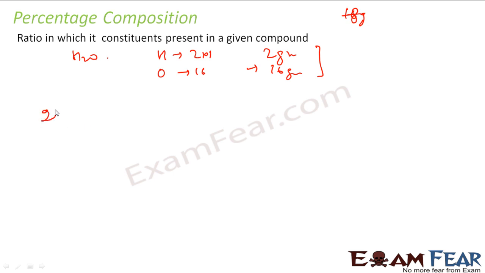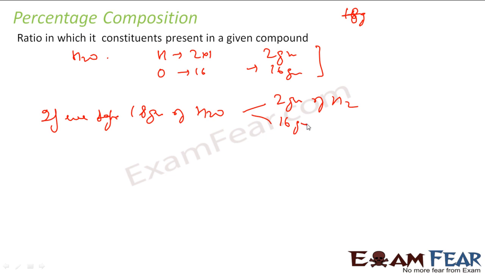If we take 18 grams of water, in this we will find 2 grams of hydrogen and 16 grams of oxygen.